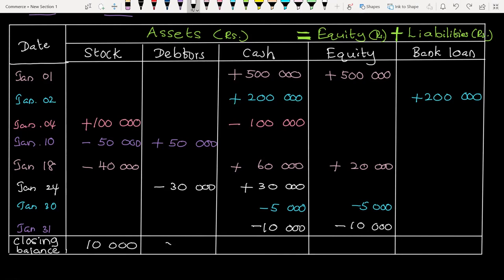So it's 20,000. So the meaning here is at the end of the month of January, in Amar's business, there is stock worth 10,000 rupees and debtors worth 20,000. Right. What is the closing balance of the cash column? Plus 500 plus 200, it's 700.